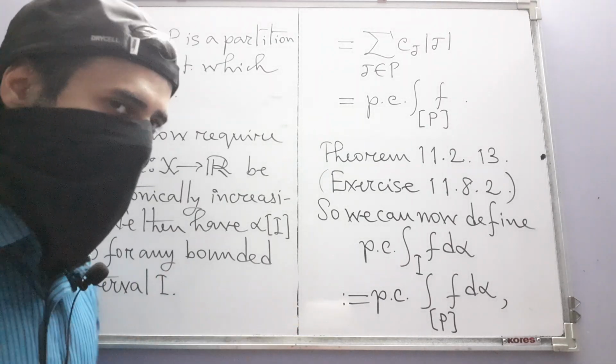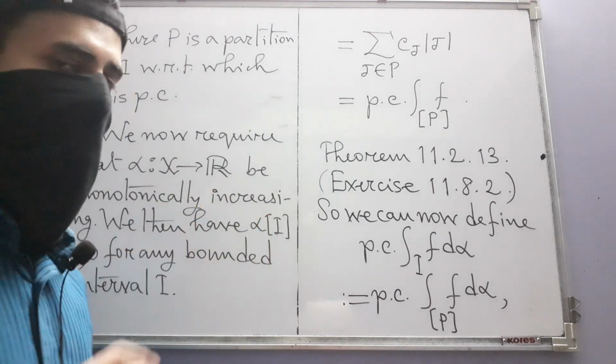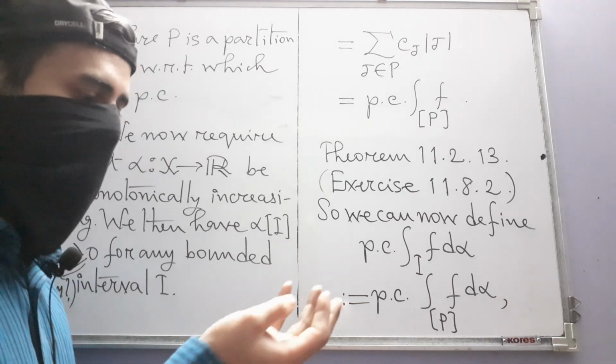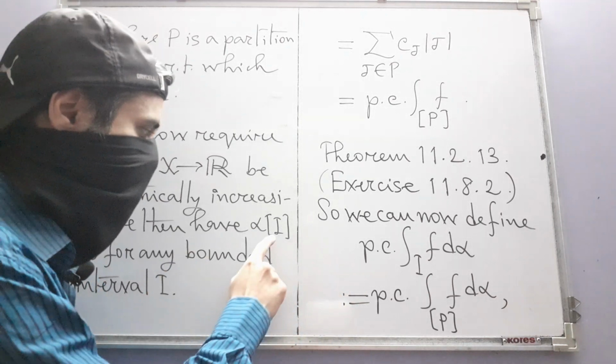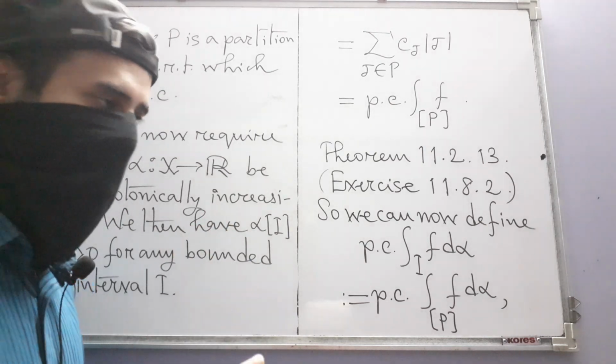So the little argument that you should write for this actually involves two parts. Your I is a bounded interval, so I is going to be either degenerate or non-degenerate. Degenerate means I will either be the empty set or a singleton set.